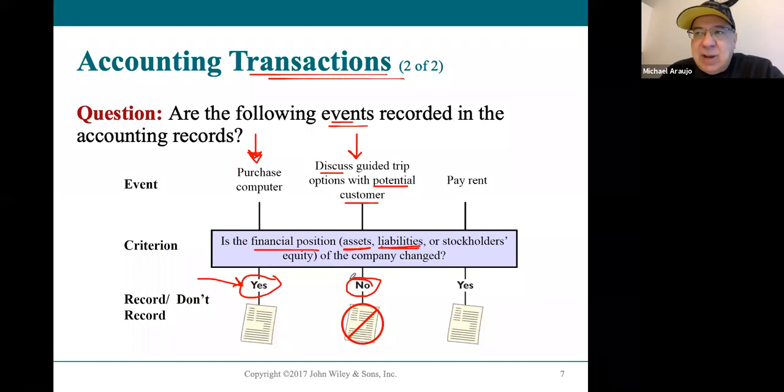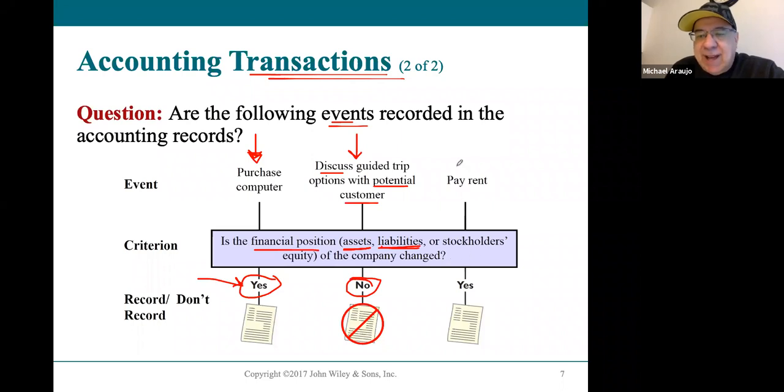So it has to affect the financial condition of the company as it's happening to require you to do accounting. That's something you're going to have to learn. You can't be projecting into the future, well, it'll happen. We don't care. We'll get to that bridge when we cross it. We only do accounting for what's happening right now.